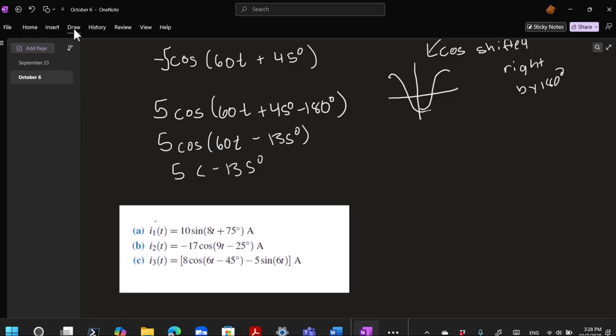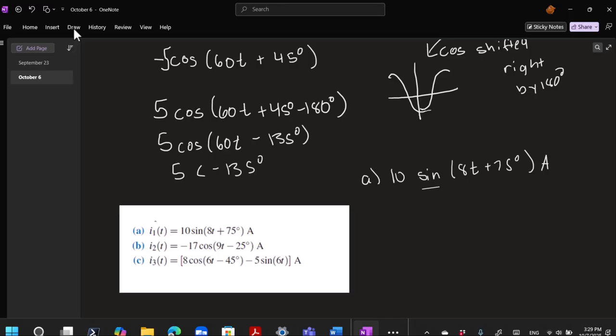So, do you want to tell me how to start with the first one? Do I want to use sine? Okay, so we want to use cosine. And so we want to change it to cosine.